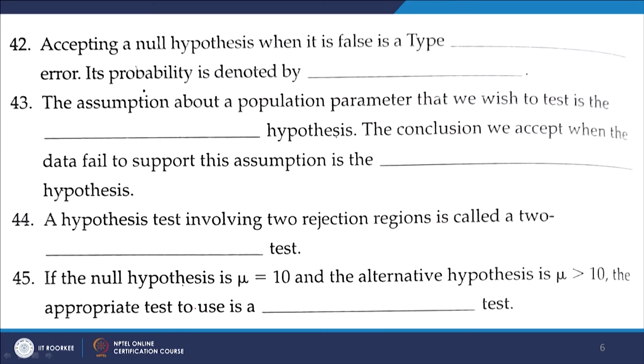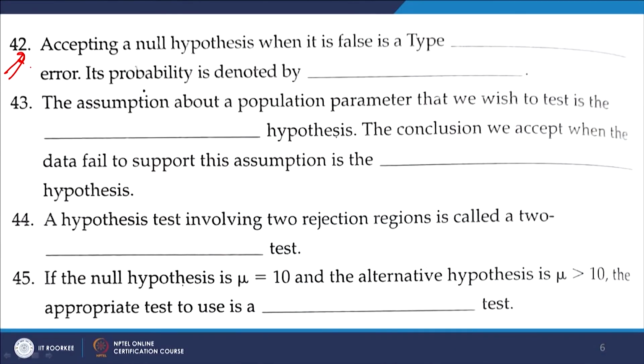Accepting a null hypothesis when it is false is a type error. Its probability is denoted by what? We have talked a lot about type 1 and type 2 error. I hope that you would be able to answer this question. Accepting a null hypothesis when it is false is type 1 or type 2 error?